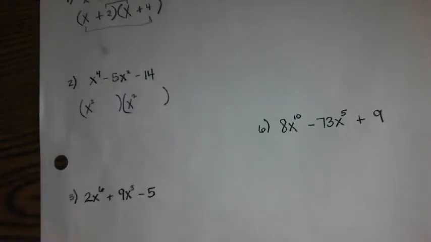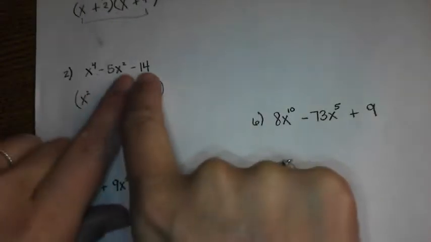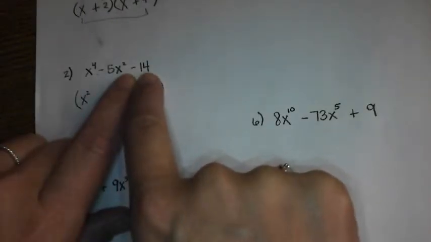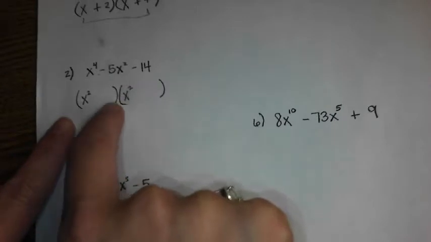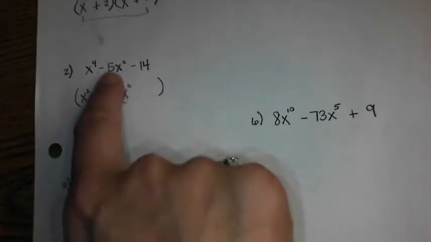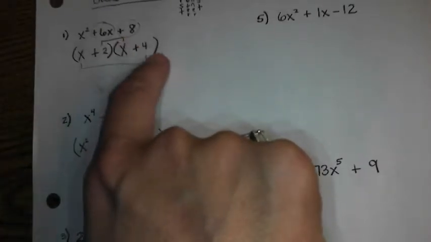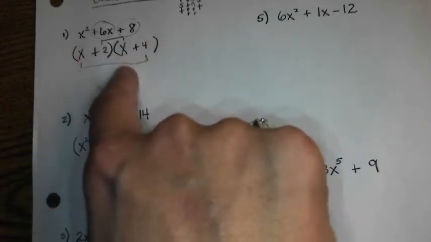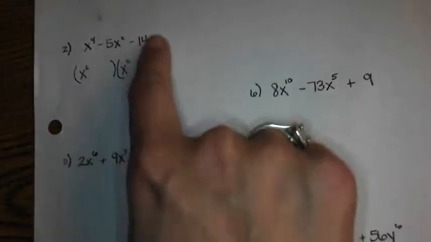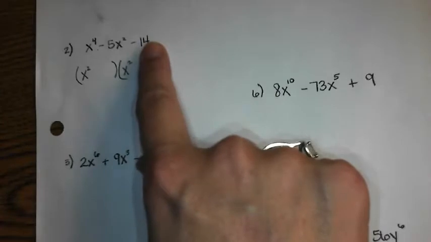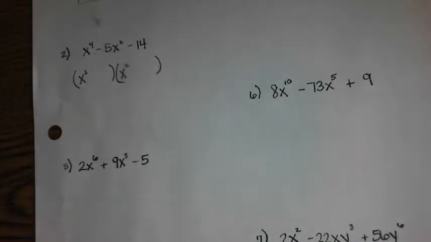Yes? So when you are looking for opposite signs, you're looking for your outer and your inner to have a difference of 5. See, up here, we were looking for the outer and the inner to have a sum of 6. So if you're thinking of 7 and 2 or 1 and 14, which one of those combos have a difference of 5, Natalie?